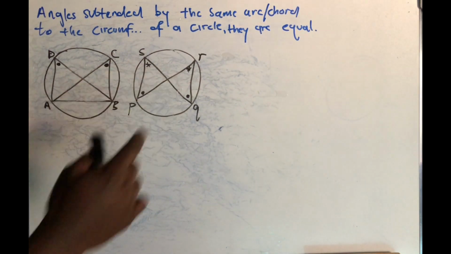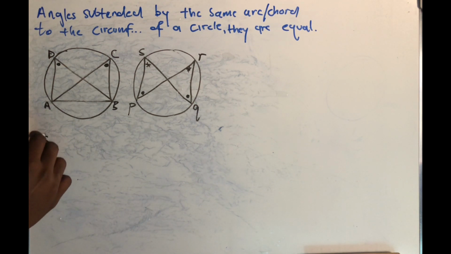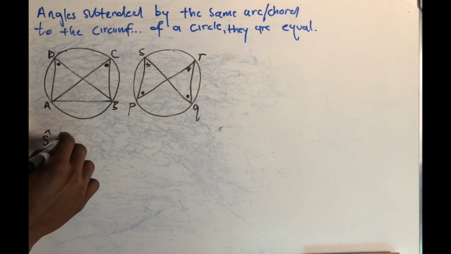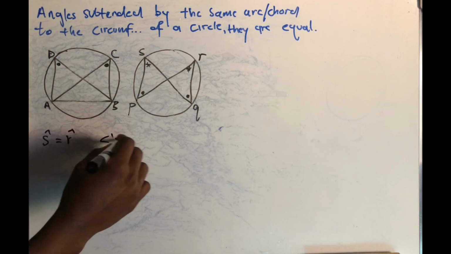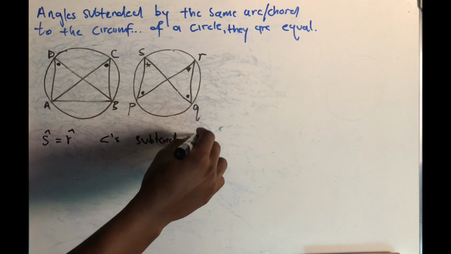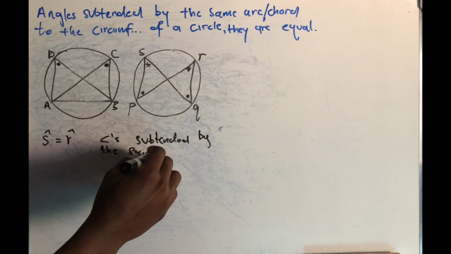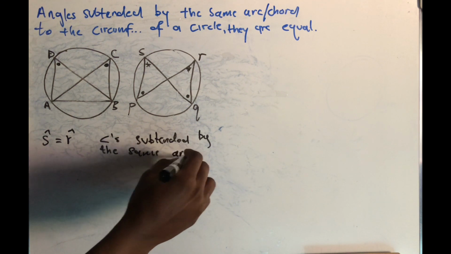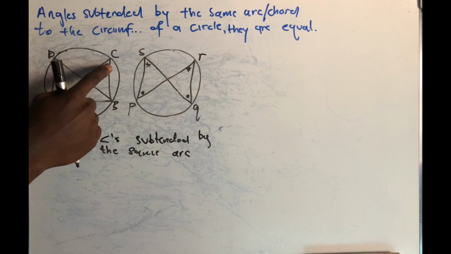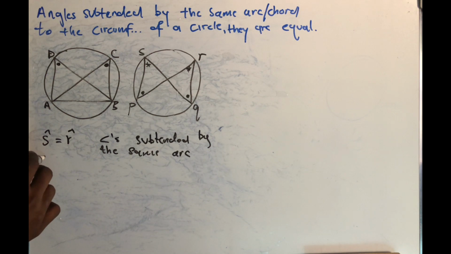For saying angle S is equal to angle R, your reason will be that they are subtended by the same arc. And for you to say angle D is equal to angle C, you'll say they are subtended by the same chord.